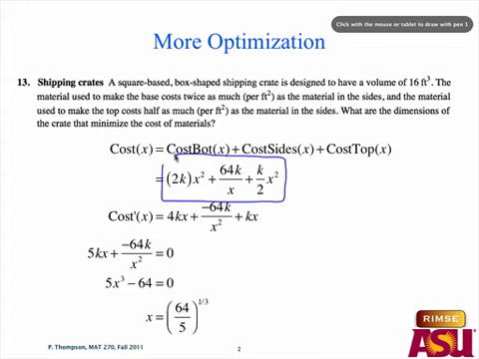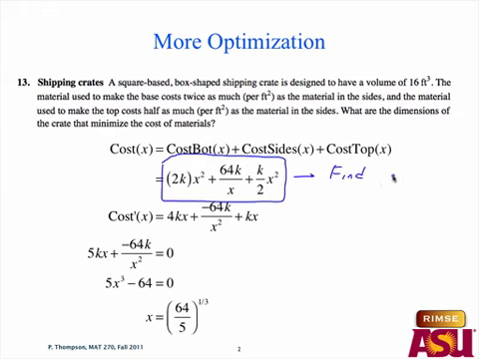And we want to find what? What's our goal? We're optimizing, so the maximum cost, right? We want to find the maximum cost. Minimum. Okay, so we find the minimum cost.